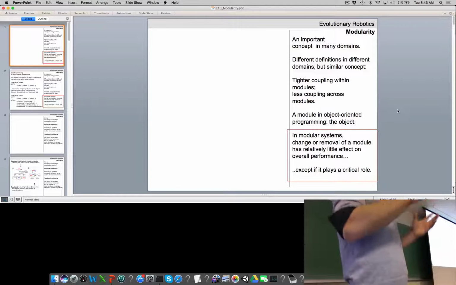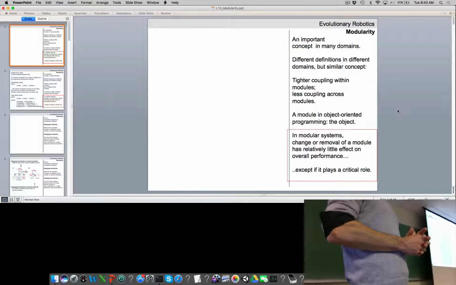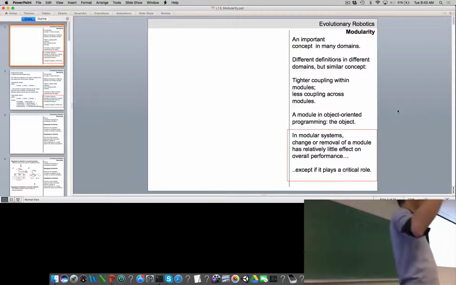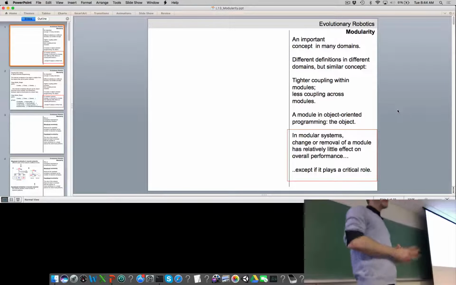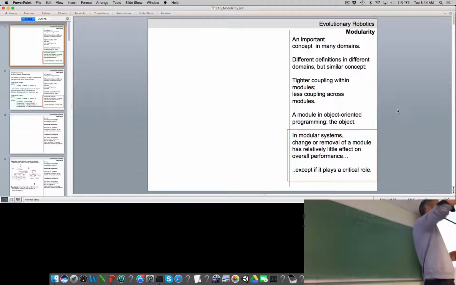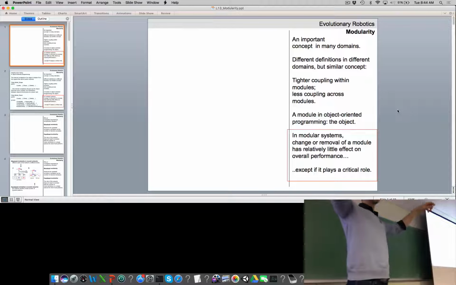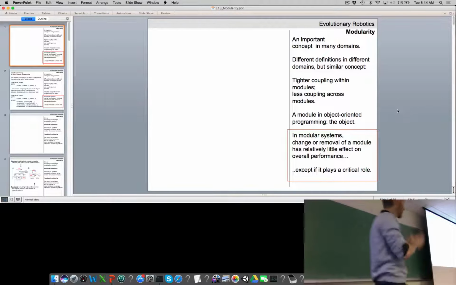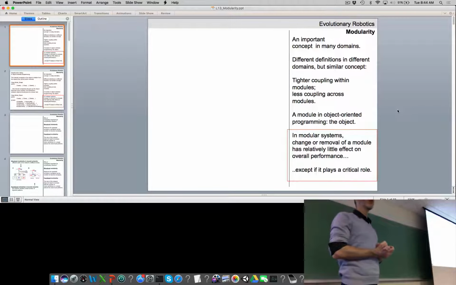There's lots of different formal definitions of modularity, but we're going to use an intuitive one today, which is that we have some system, which could be a neural network, it could be a bunch of code, and in that there seem to be these modules, and a module is something in which there is a lot of interconnectivity within that module, and a lot of connectivity within another module, but few connections between modules. That's, for the moment, what we're going to mean by that. I'll show you an example in a moment taken from computer programming.